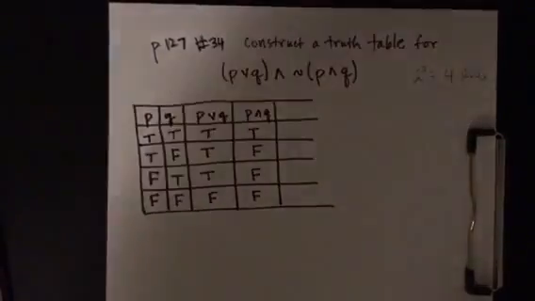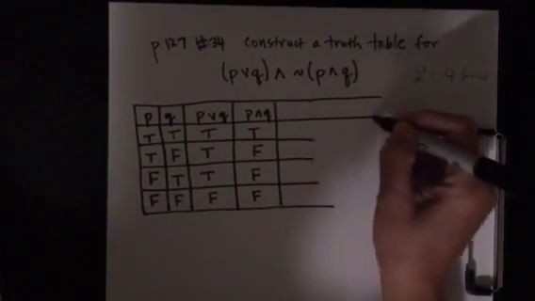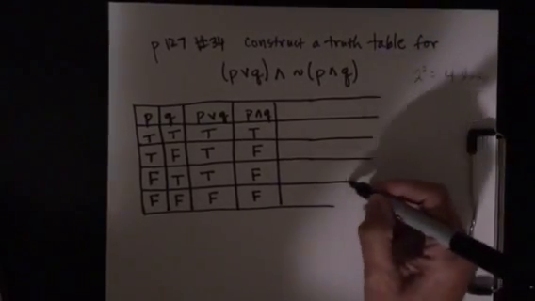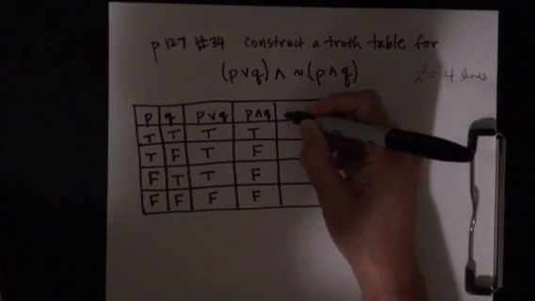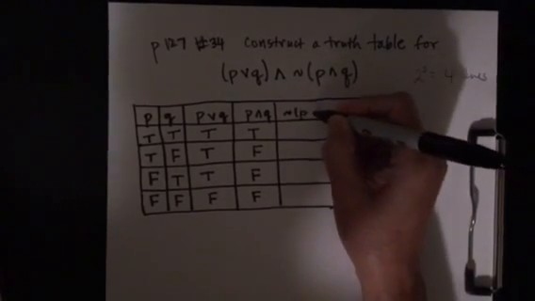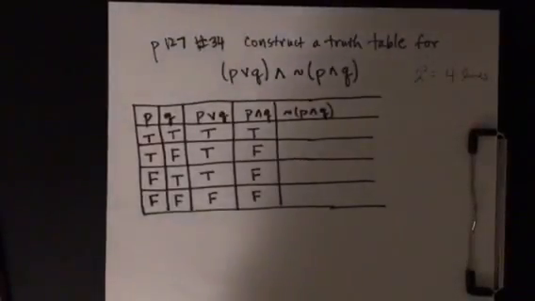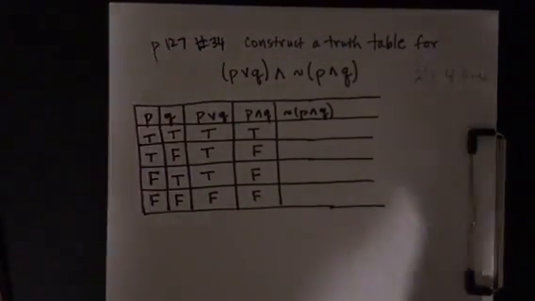For the next column on the truth table, I need to put the not in front of the item I just did. So not P and Q. P and Q is in parentheses. Now in class, I used this technique.